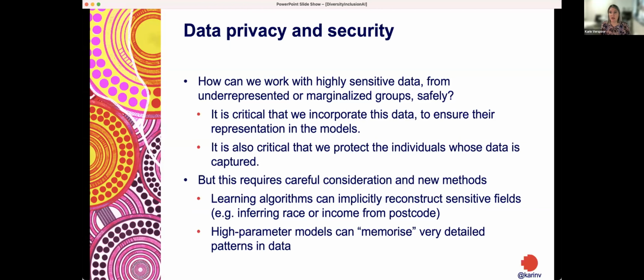And so we need to be really careful that if our models are memorizing, they're not actually memorizing the unique characteristics of a specific person that could put them at harm. And I would suggest that we're still at the beginning of this journey.